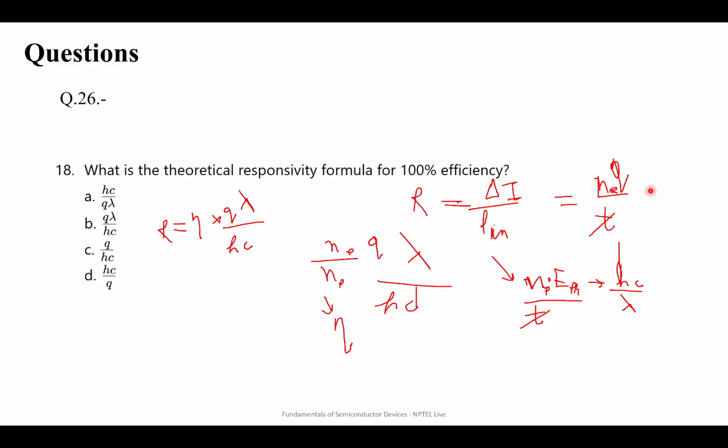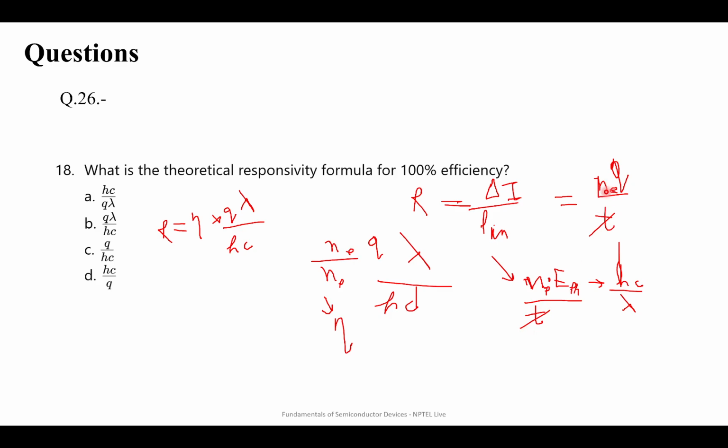Yes sir, and q is the charge of a single electron. So this is Ne q by t, and my power is the number of incident photons times the energy of each photon divided by t. And then the energy of the photon I am writing as hc by lambda. I am cancelling t with t.